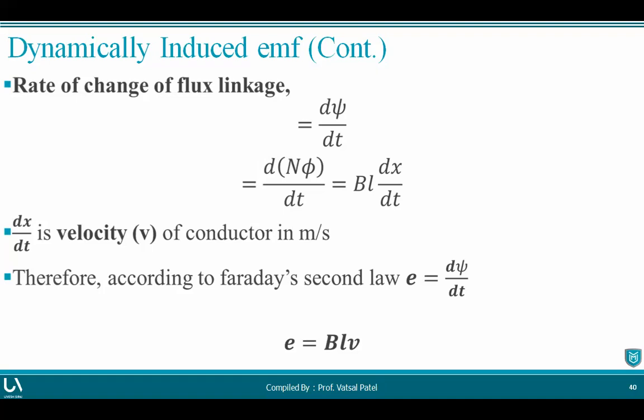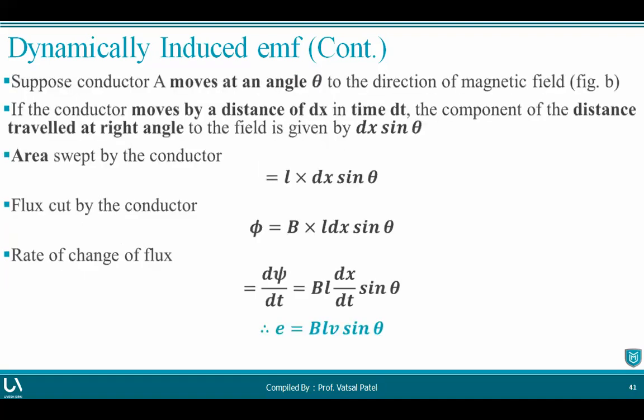Now if we consider the angle part, which we also saw in the last session, in the diagram the direction has some angle with respect to the magnetic field direction. That is why it is written as dx sine theta.